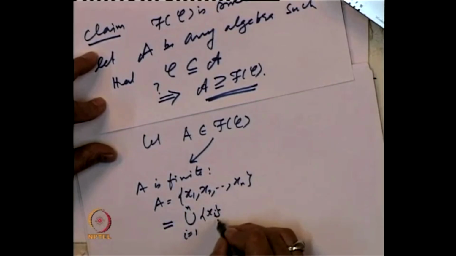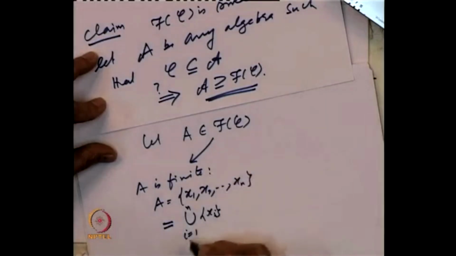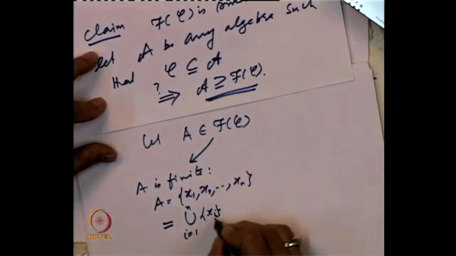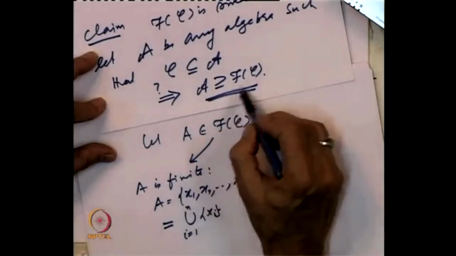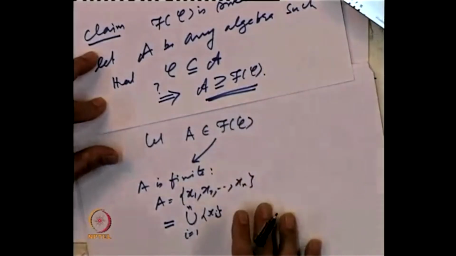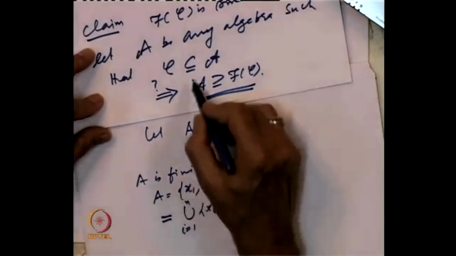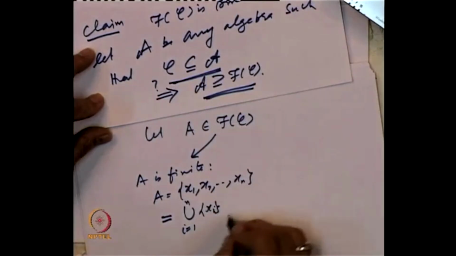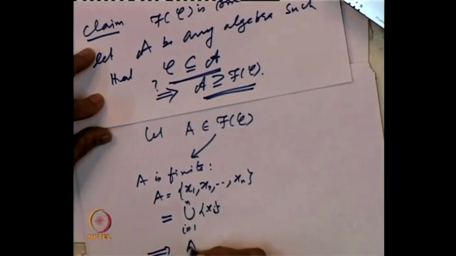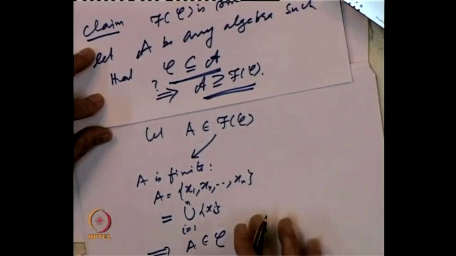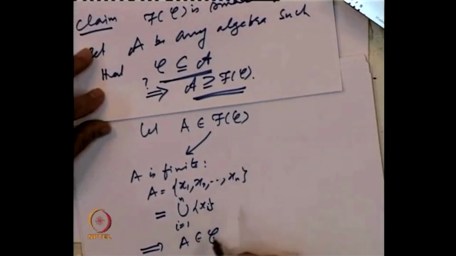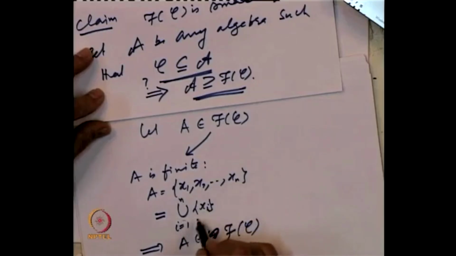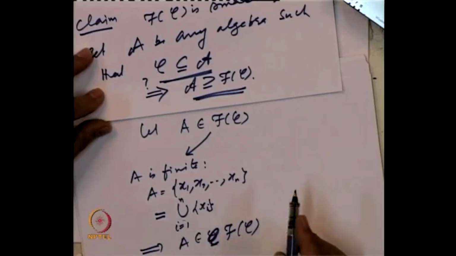And each singleton xi is an element of class C, and C is contained in f of C. So let me just go through again.